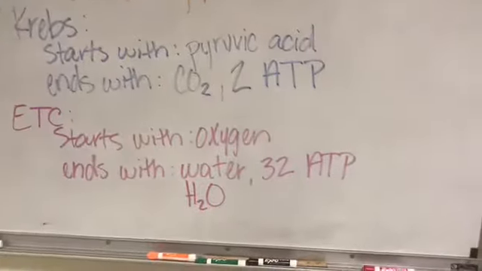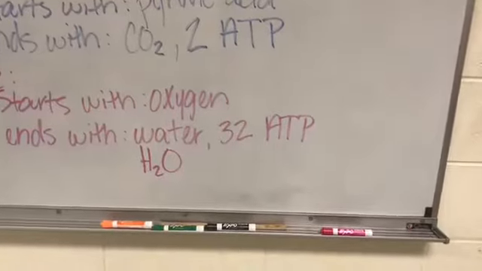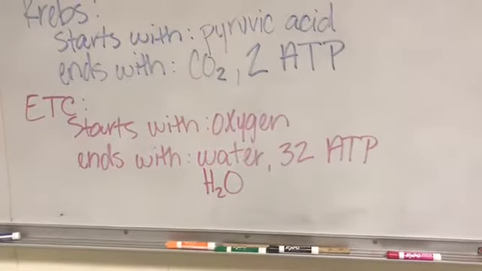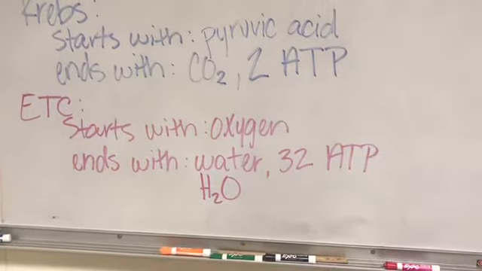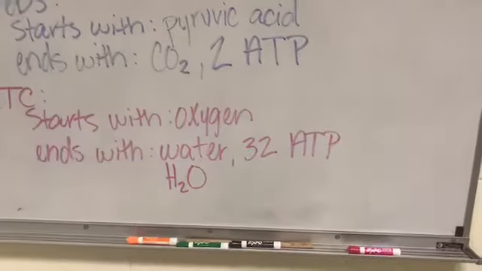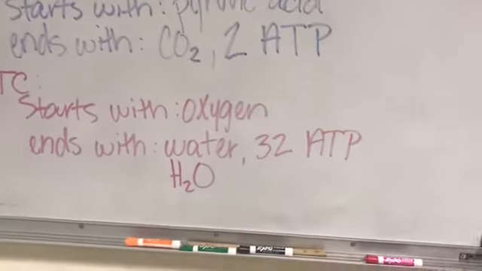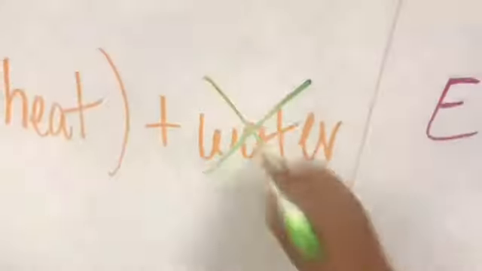And finally, we have the electron transport chain. It's a little more complex, but all I want you to know about him is that he starts with oxygen. So we just got another reactant there. And he ends with water and 32 ATP. So we made yet another 2 products over here.